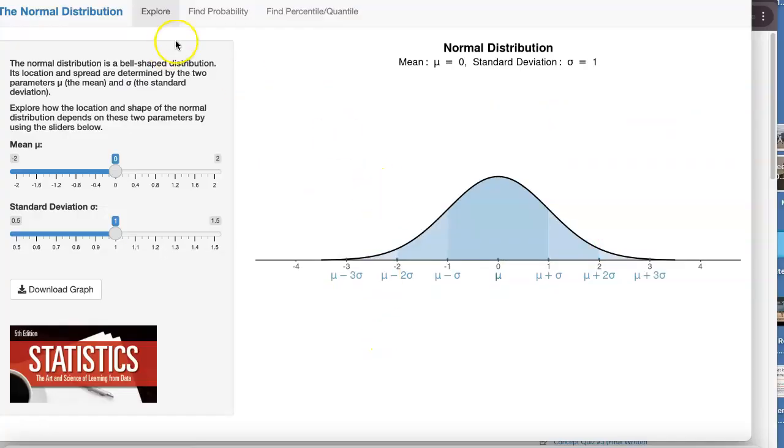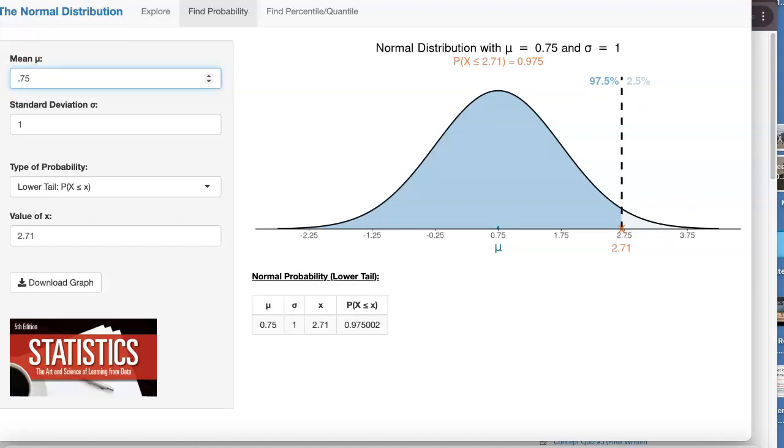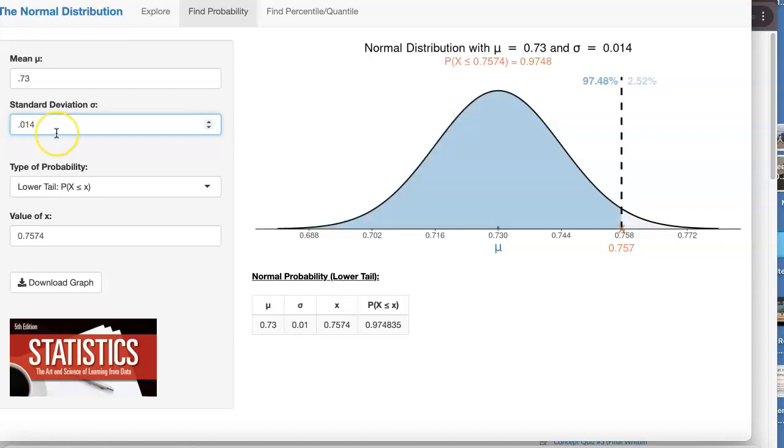So we'd still use the normal distribution, but instead of the mean, I know it's a little counterintuitive, we're putting 0.73 for the mean. And then what we ended up with for the standard error, because we're looking at a distribution, was 0.014, so 1.4%. So then there's the distribution.